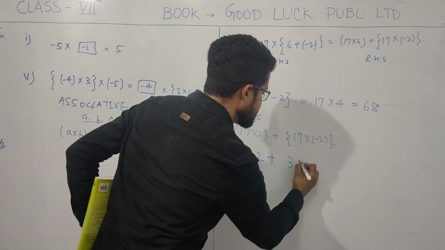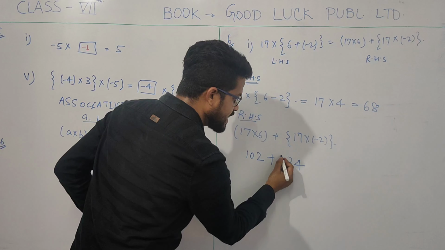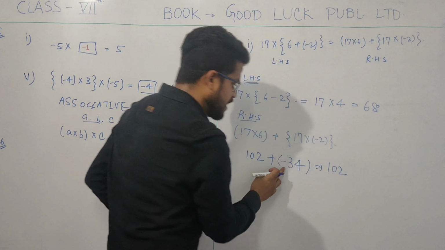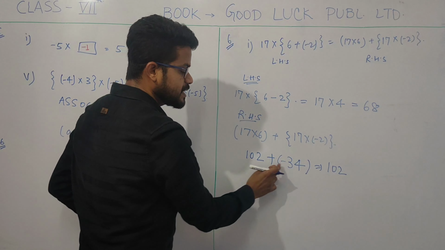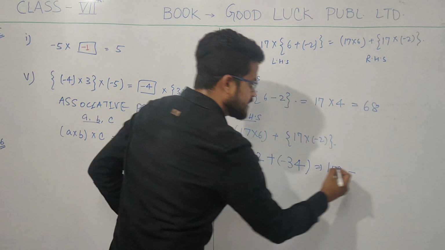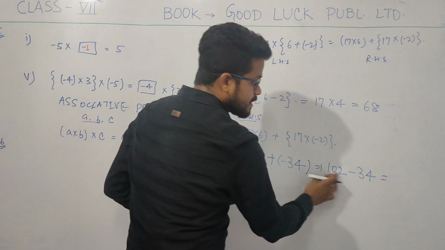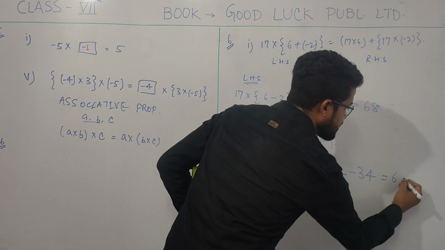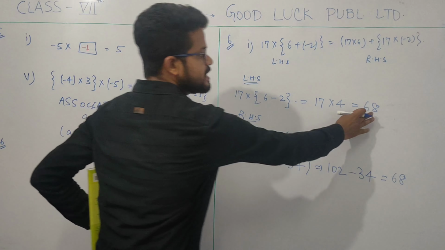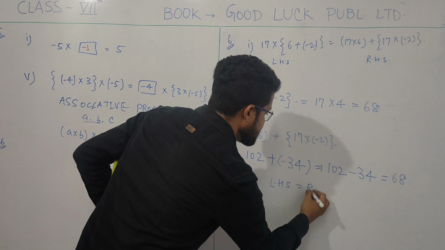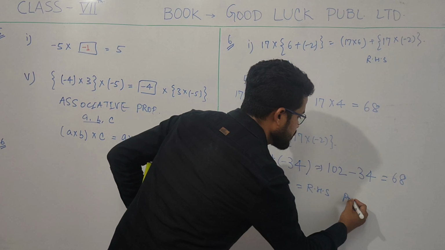Now this is plus and this is minus, so plus minus minus. So I simply write here minus. So this is 102 minus 34. After subtraction, what do we get? 68. So this is 68, this is 68. Hence we can say that LHS is equal to RHS, proved.